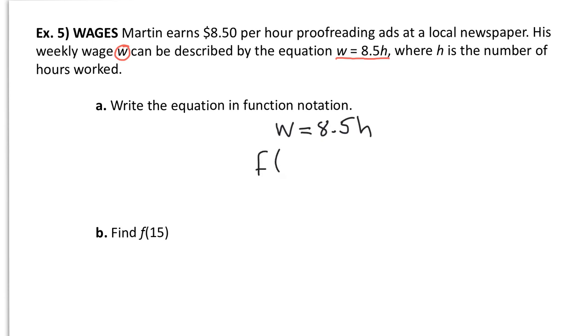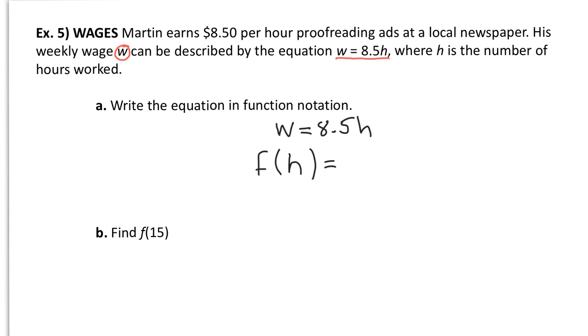So let me show you guys what I mean. So I have F of something. And I'm not going to use X here because if you notice, I'm multiplying this amount, 8.5 times hours, H. So your H will be your input, the number of hours that person, Martin, is going to work per week. So I'm going to put an H right here.